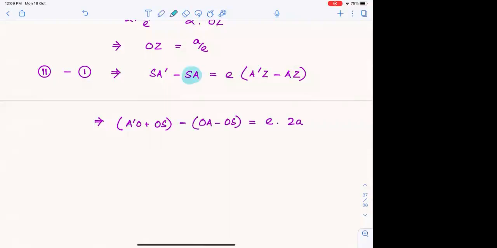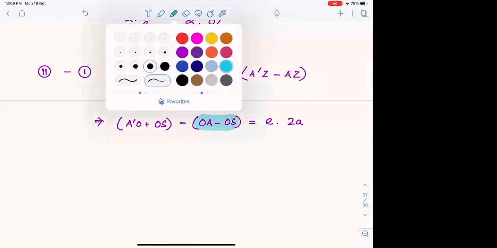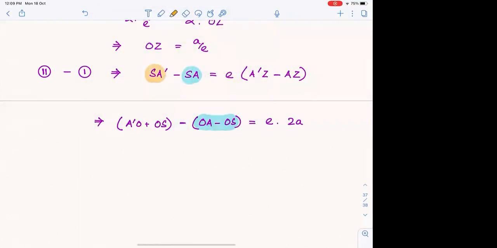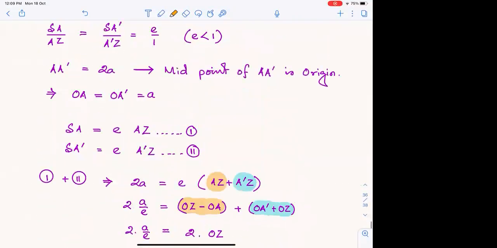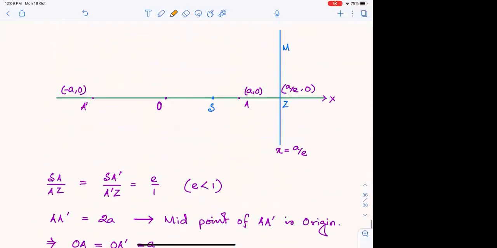Again here, SA is found as OA minus OS from the diagram, and SA dash is found as A dash O plus OS. Can you all follow this from the diagram?